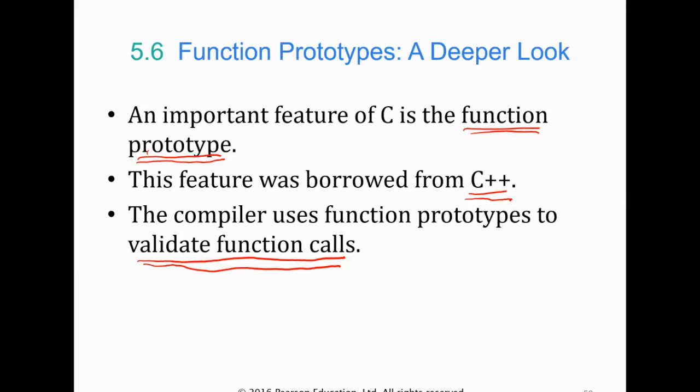So in our maximum function, we have three integers being passed to our maximum function and then one integer being returned. So the prototype allows the compiler to check whether this is actually the case.